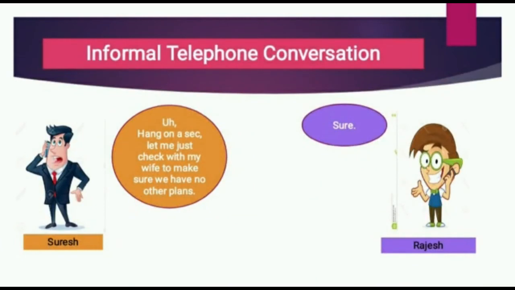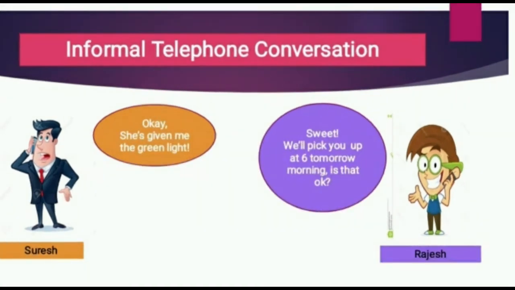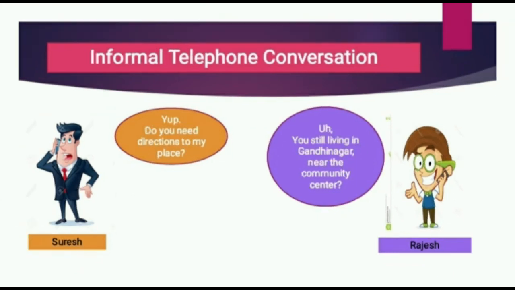Suresh: Oh, hang on a second. Let me just check with my wife to make sure we have no other plans. Rajesh: Sure. Suresh: Okay, she's given me the green light. Rajesh: Sweet. We'll pick you up at 6 tomorrow morning. Is that okay? Suresh: Yep. Do you need directions to my place? Rajesh: Oh, you still living in Gandhinagar near the community center?